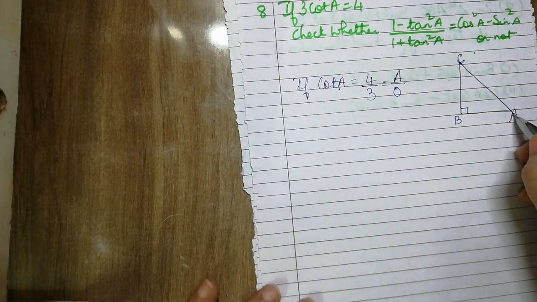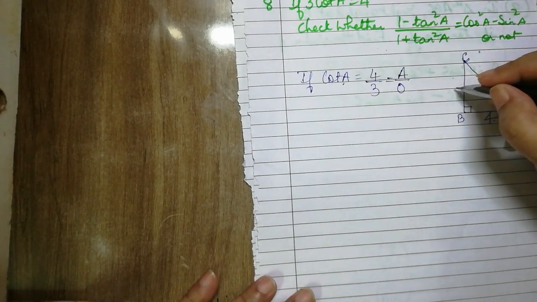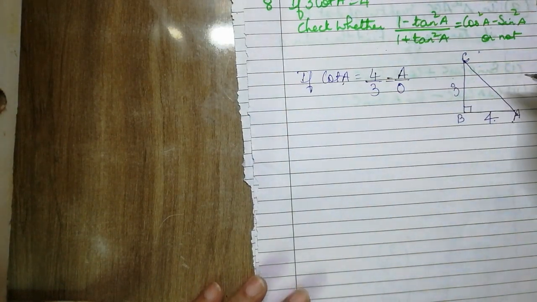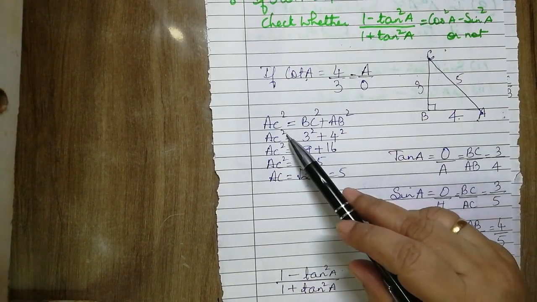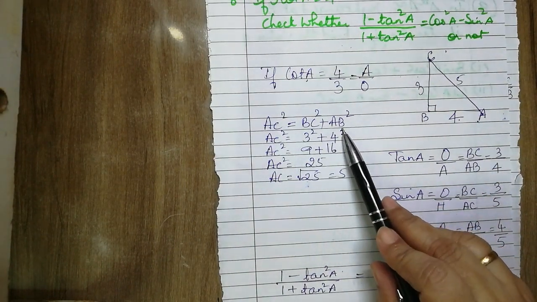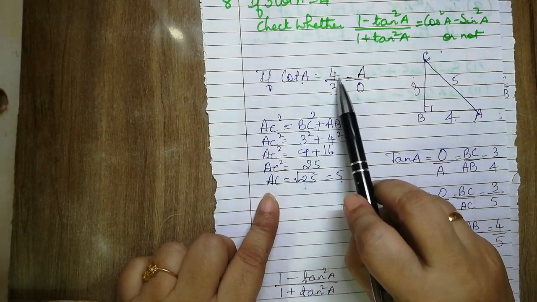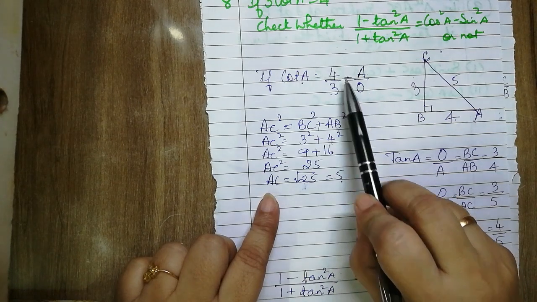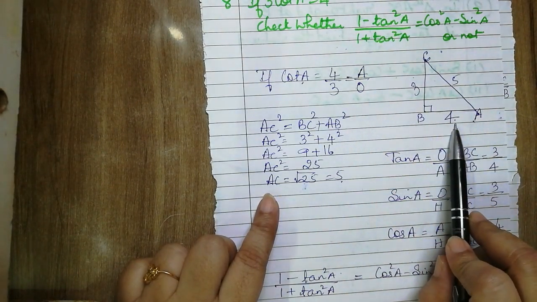So for this angle A, the adjacent is 4 units and opposite is 3 units. We will find AC. So AC square equal to BC square plus AB square. We get AC equal to 5. Since cot A equal to adjacent by opposite, 4 and 3, for A it is opposite 3, adjacent is 4.